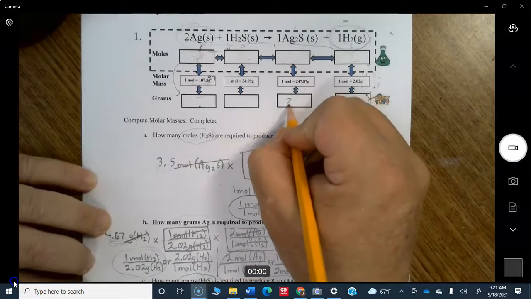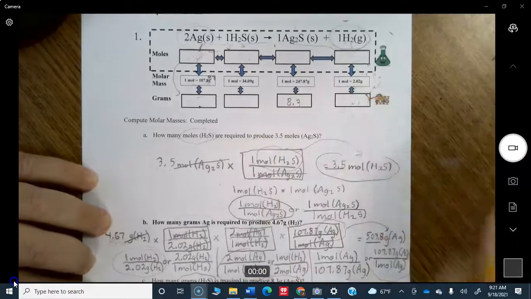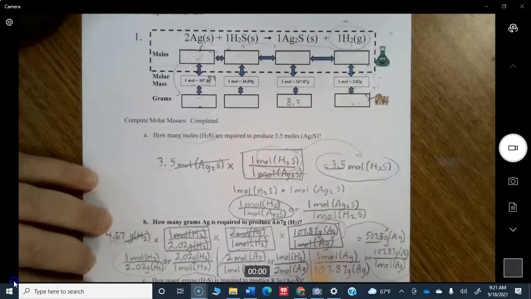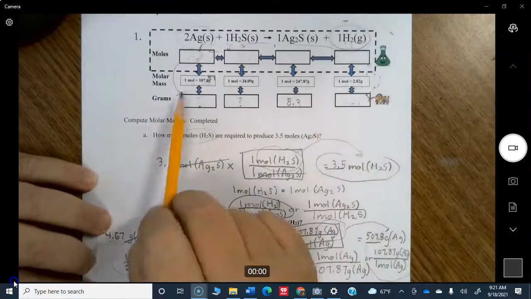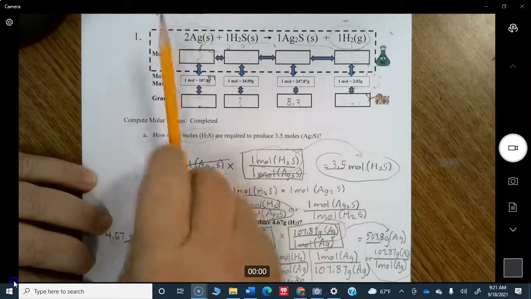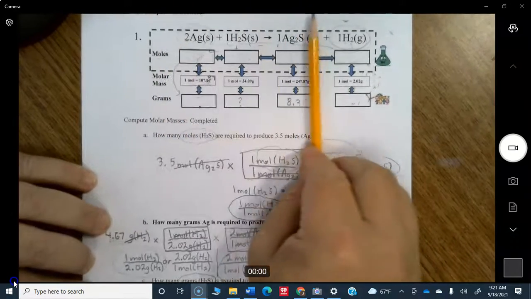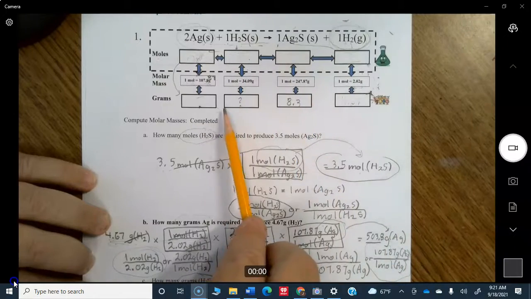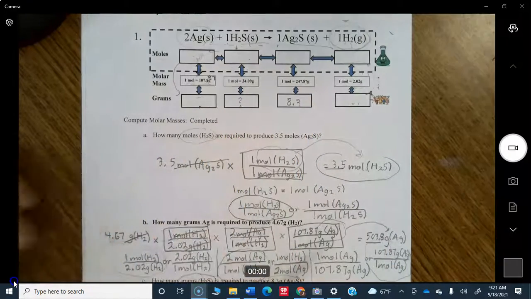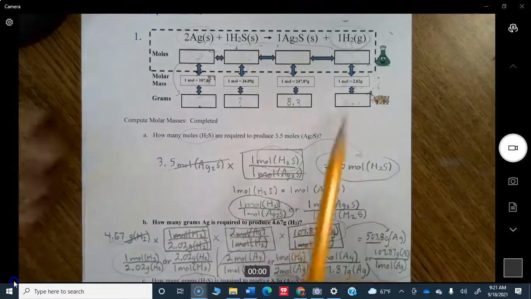So it's 8.3. And we're trying to end up with grams of H2S. That's here, H2S and grams question mark. So again, even though the chemical equation is moving from left to right, our math equation is going to move in this direction. It's got to move back to the left. Just what you start with, what you end up with.